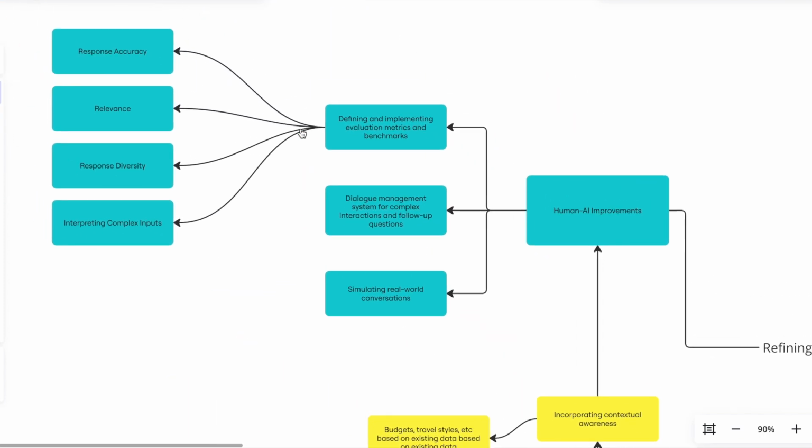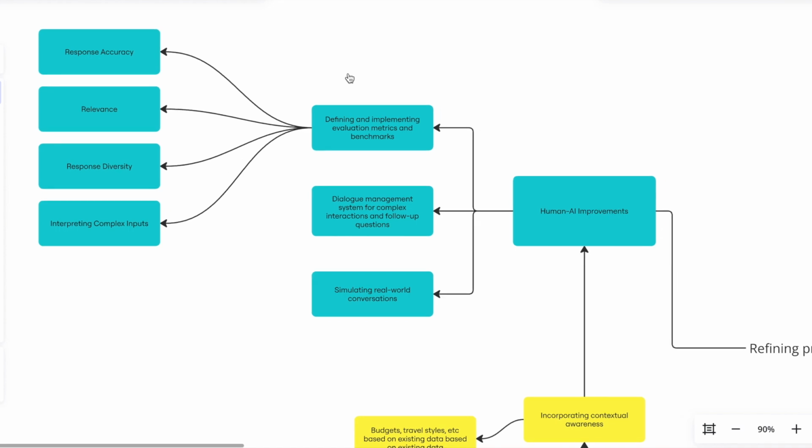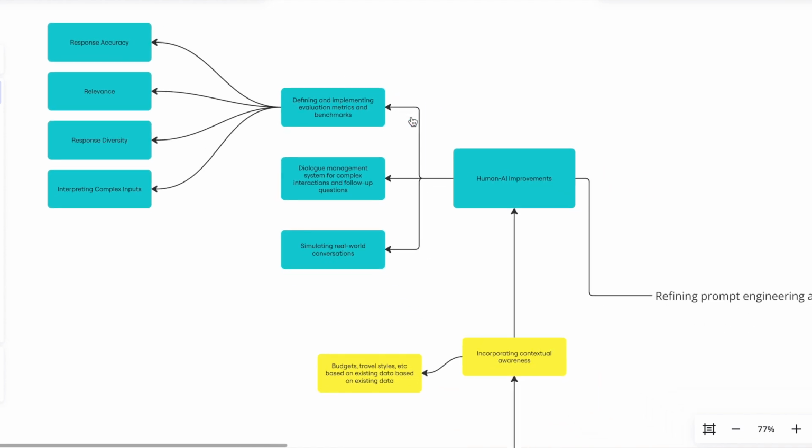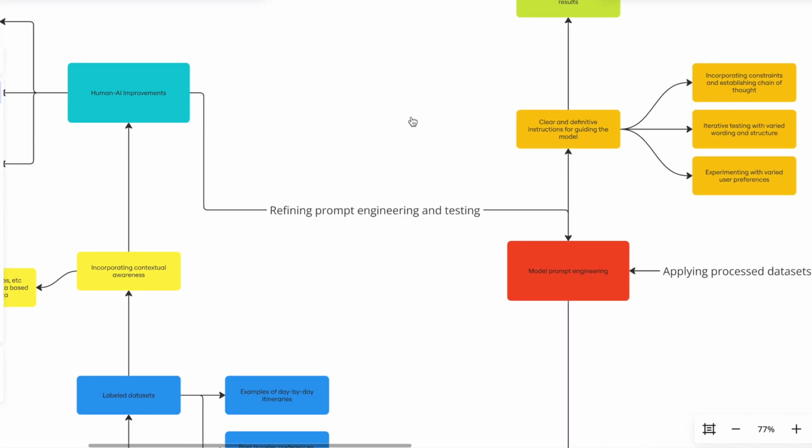We then further defined our benchmark for evaluating the model based on its responses, relevance, and diversity of its responses, and the model's ability to interpret complex user questions. After fine-tuning the model and re-evaluating our benchmarks, we reviewed our prompt engineering process and improved the prompts.